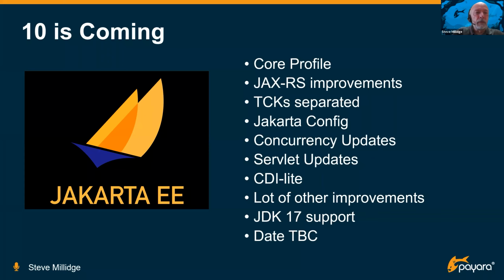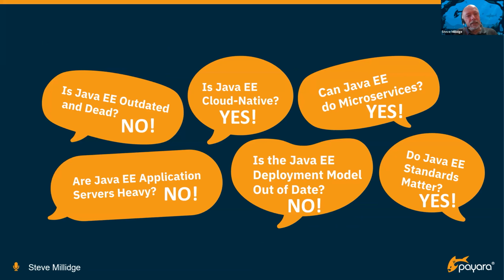One of the things we explored in the webinar in the standards bit is why we have a TCK, which is a technology compatibility kit. And again, that will all be open source, so that anybody can create a new Jakarta EE runtime and certify it. And there'll be new APIs, new improvements, and obviously support for the latest JDK 17 when it goes LTS. So to wrap up, we looked at 6 questions, and let's answer them one by one.